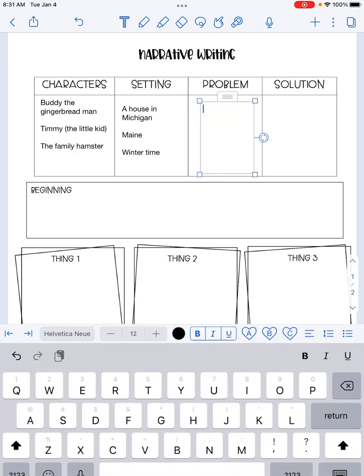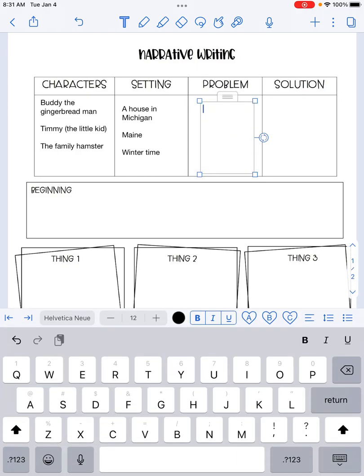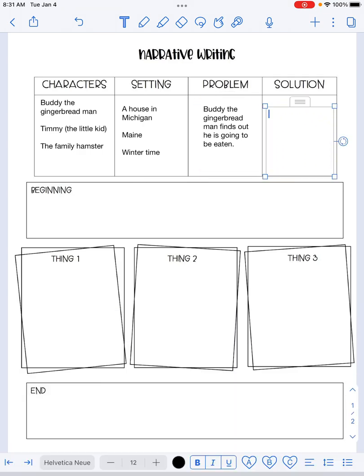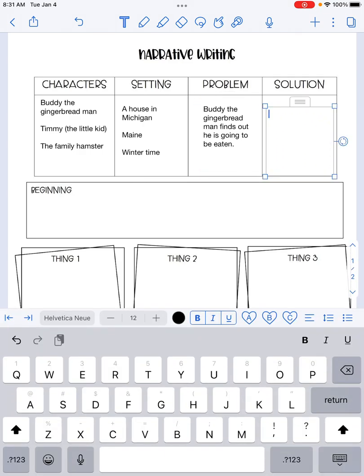Now, the problem in my story, and just like the problem in your story, is going to be that Buddy, the gingerbread man, finds out he is going to be eaten, and that's the problem. Now, the solution in our problem, at this point, we can make it somewhat specific, but it doesn't have to be super specific.